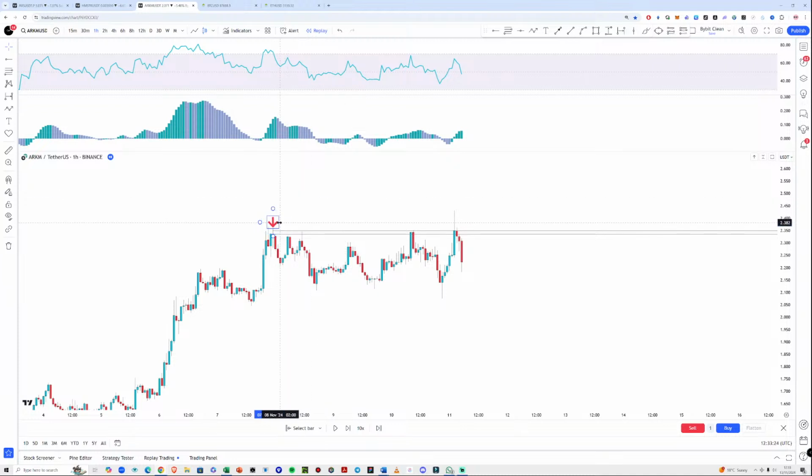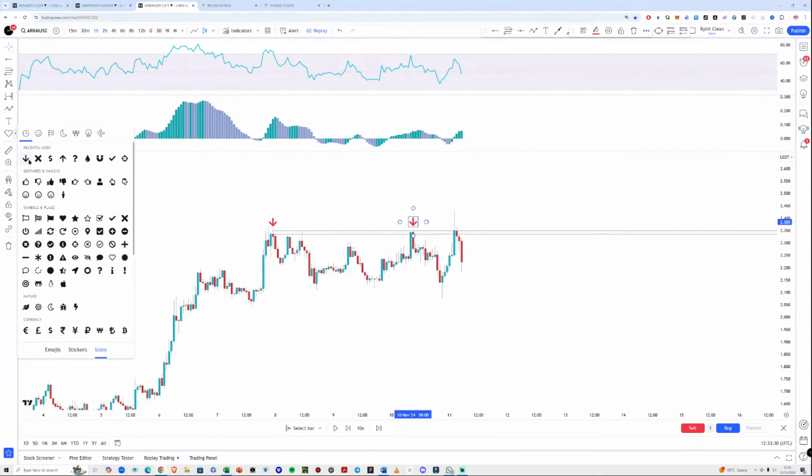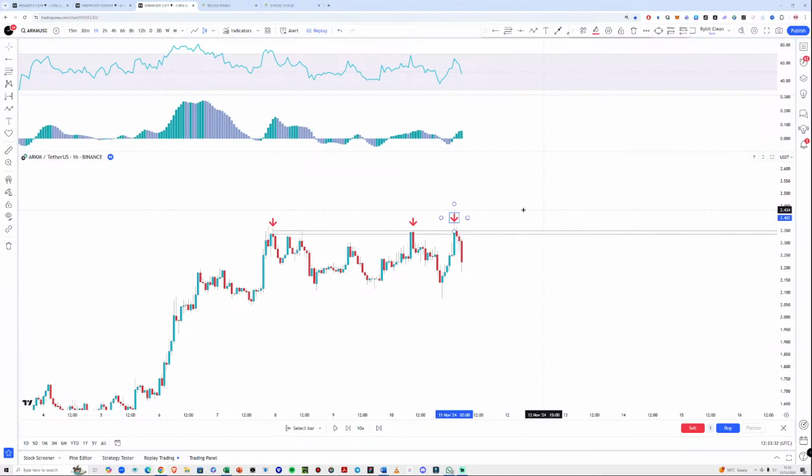Number one. Number two. Number three. The more taps, the better, guys, as well. If you don't know how to mark these levels, it's just simple SR. But as well, we have this high here, right?